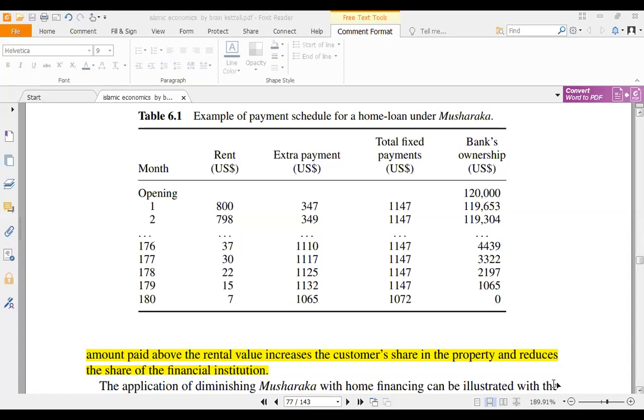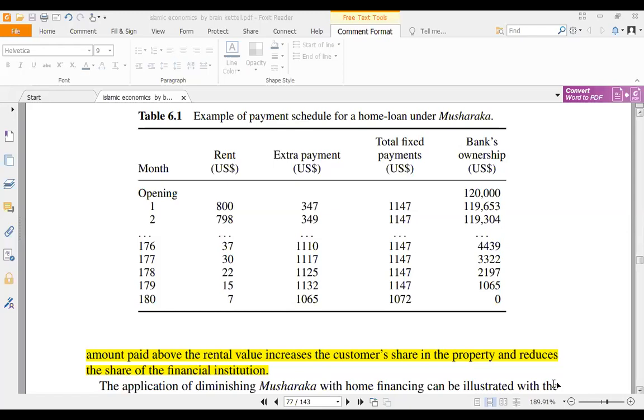Later on, both parties decide the rent according to the market value, according to market conditions. Both decide the rent is 1,000 rupees. Out of 1,000 rent, 1,000 is the rent of the total property, the total home.